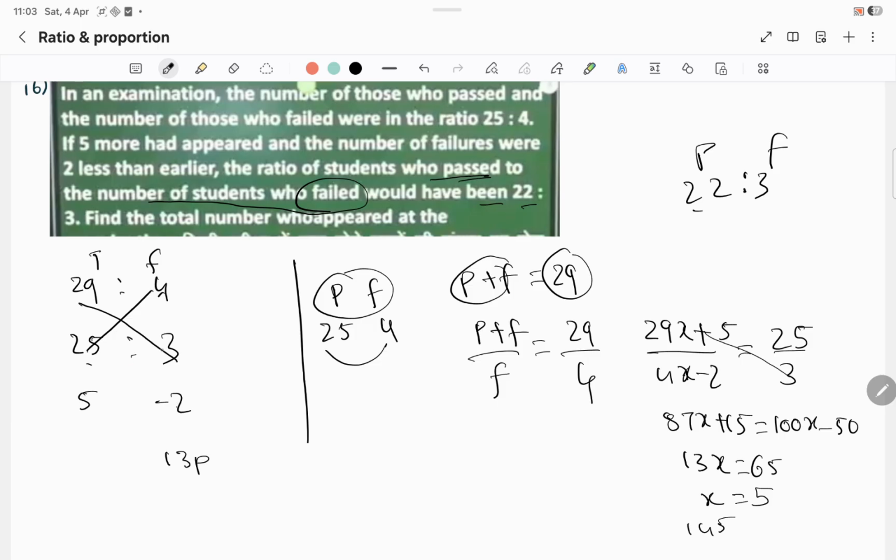Now minus of minus becomes plus. 15 minus of minus 50, 65. 13 parts is 65. Suppose if it is plus and this is also plus, then we need to find the difference. 13 parts is 65, so 1 part is 5. So initially how many are there? 29 parts were there. 29 fives is 145.